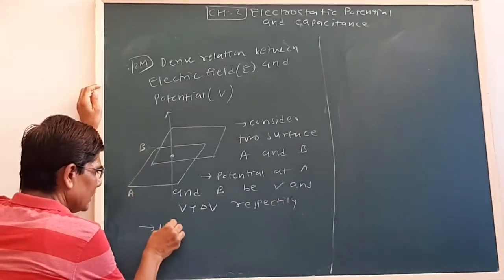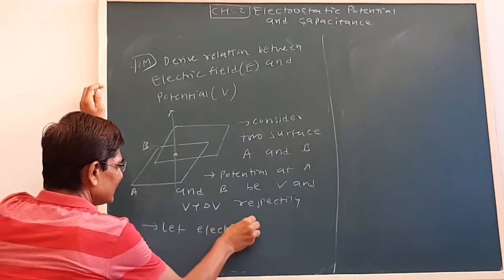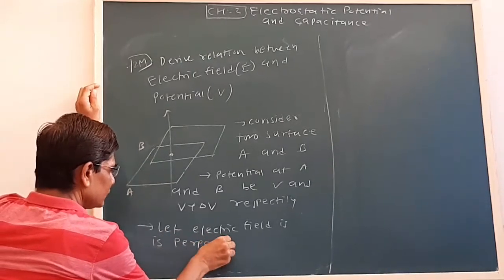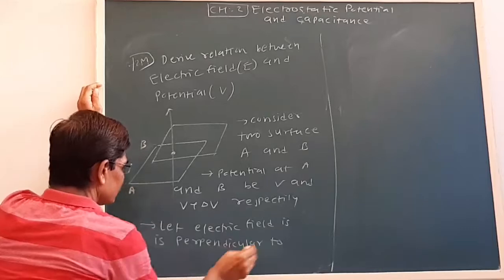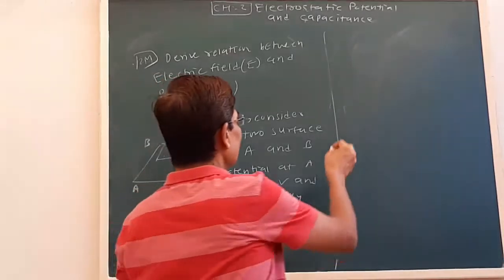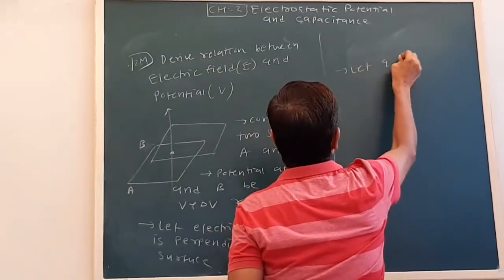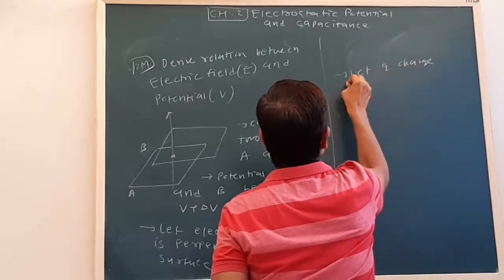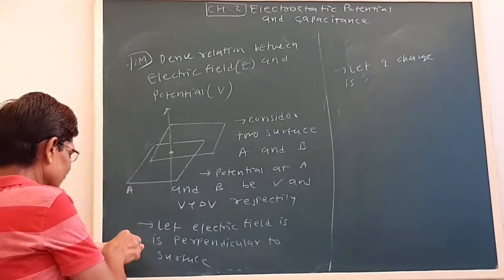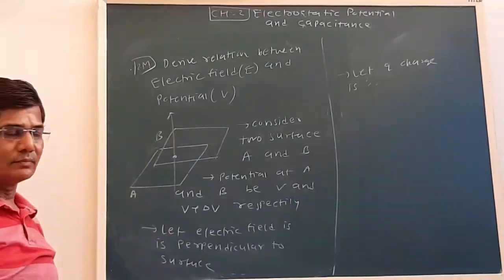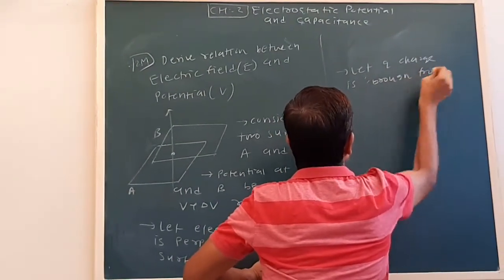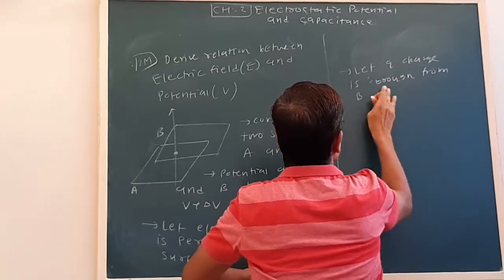Now let the electric field be perpendicular to the surface. We consider this as surface A and this as surface B. Now let a charge Q be brought from surface A to surface B.